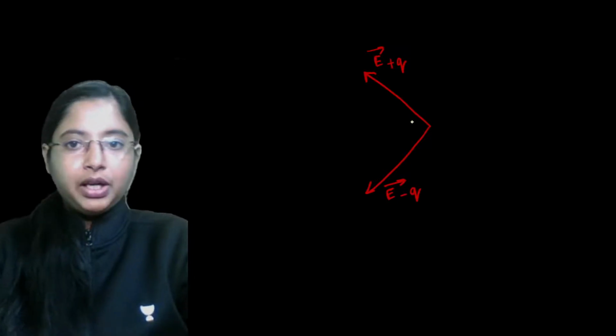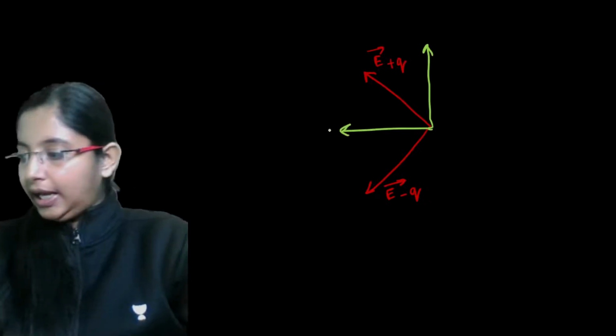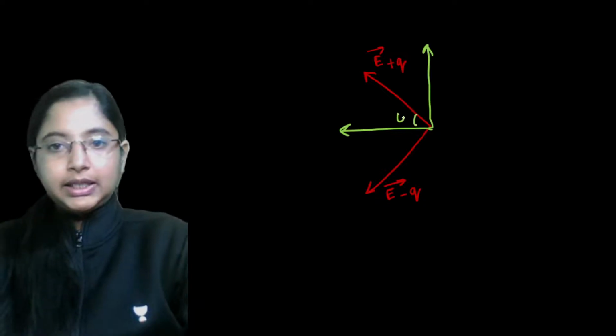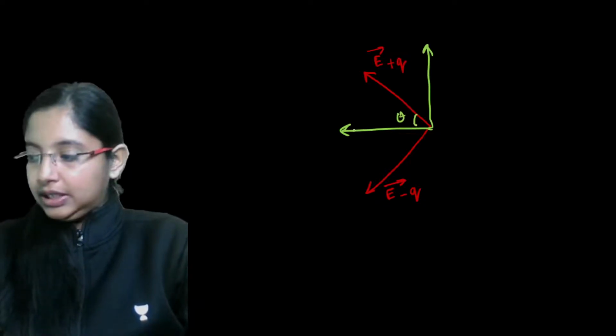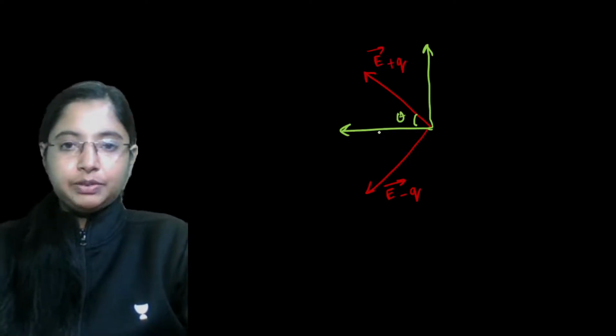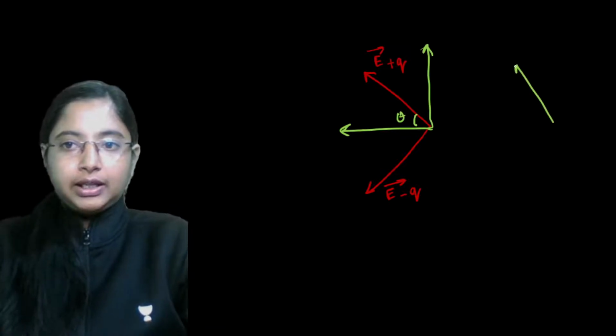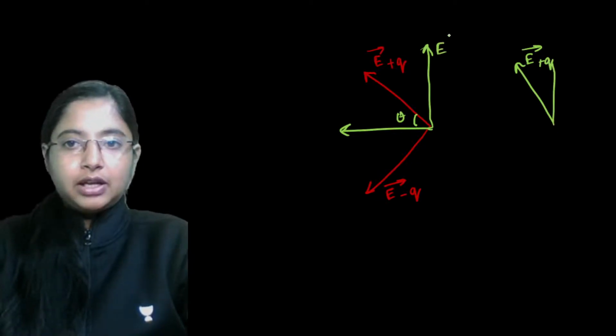If you resolve them, for the positive charge we'll get these two vectors over here. And from here, let's say this angle over here is theta. So this is the value of this particular vector on this side. Let's just take this triangle, where this is E, the positive quantity, and we have two other vectors, this one for the positive along the vertical, and this one for the positive along the horizontal.